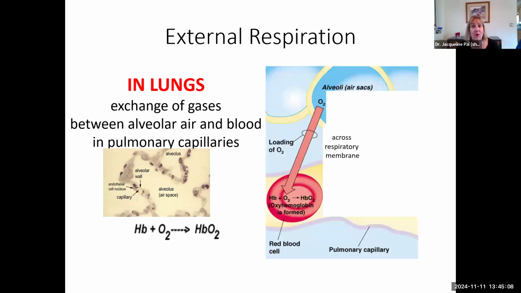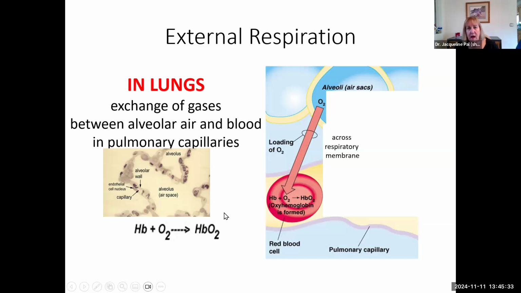That's where external respiration occurs. So, we are going to be sending oxygen from the alveoli across the respiratory membrane, and it's going to bind with the iron in the middle of the heme of hemoglobin, forming oxyhemoglobin or hemoglobin O2.